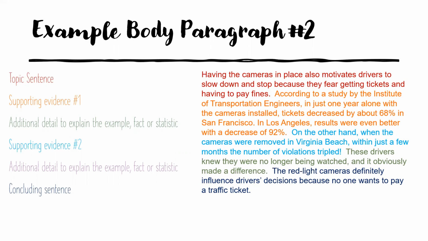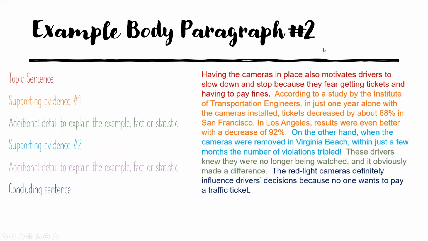In Los Angeles, results were even better with a decrease of 92%. On the other hand, when the cameras were removed in Virginia Beach, within just a few months, the number of violations tripled. These drivers knew they were no longer being watched, and it obviously made a difference. The red light cameras definitely influence drivers' decisions because no one wants to pay a traffic ticket.